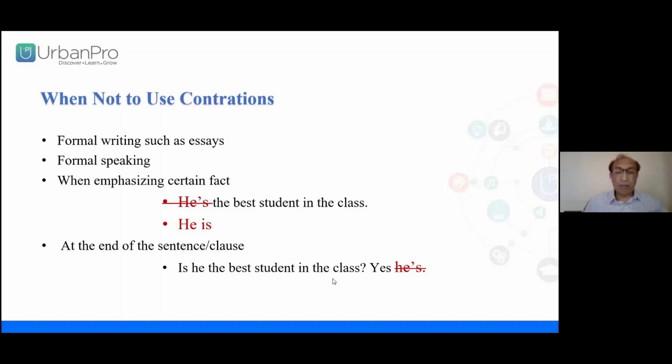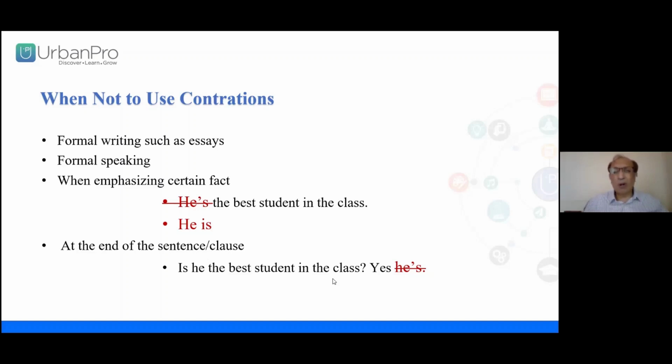So don't hesitate in using them in day-to-day life. However, with a keyword, avoid using very informal contractions when you are in a formal setting. Suppose you're going to address a CEO of a company or very senior management, probably reduce its usage to very simple and very common contractions.